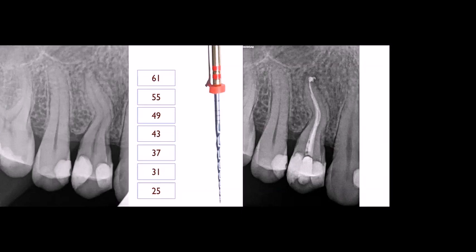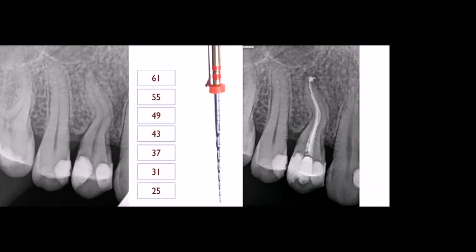Why? Because imagine that we want to shape the root canal with a 2506 file. It's a file that we have in the CC Premium system. If the curvature starts 2 millimeters shorter from the working length, the diameter will be 37.